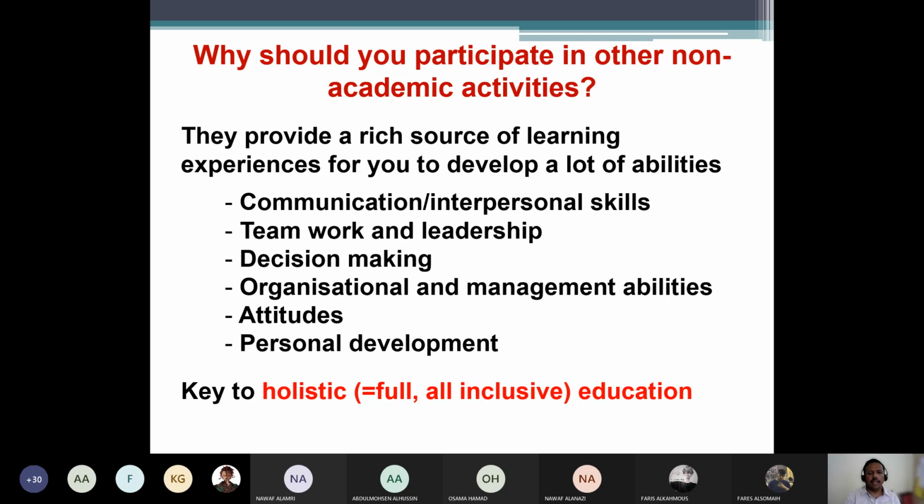You should participate in non-academic activities like making a camp or a football match, arranging some seminar, something like that. This will also give you some experience or some learning. In general, it is called holistic education, complete. It covers every part, not only the knowledge part, but also personality development, attitude, behavior, and communication.